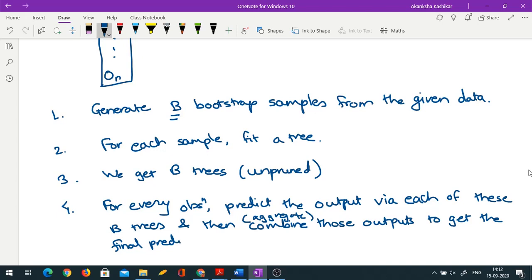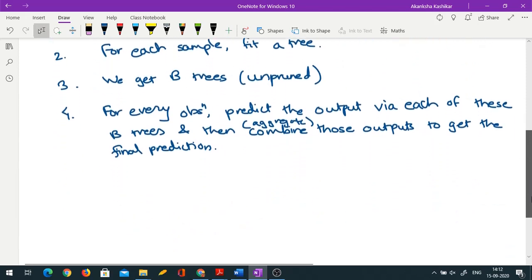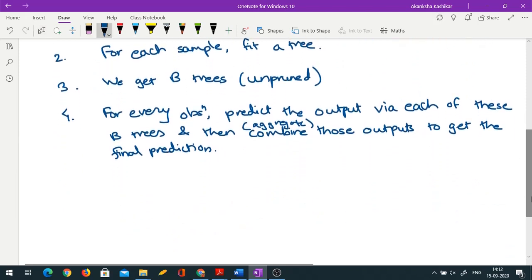What do I mean by aggregation here? Depending on whether you are dealing with a classification tree or regression tree, things would change. If you are dealing with a regression tree, then your final prediction would simply be the average of the individual predictions.